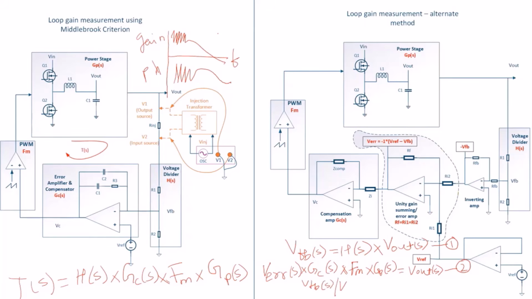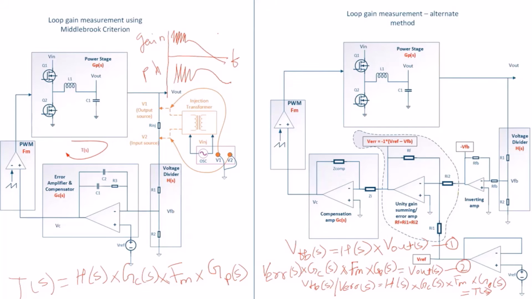V feedback by V error of S is HS times GC times FM times GP, which is nothing but my loop gain expression.